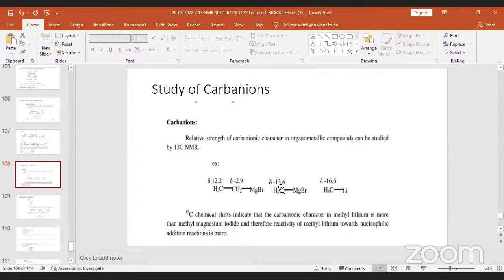Methyl magnesium bromide, minus 13.6. So which one will be more reactive? Naturally, methyl lithium, because its carbanionic character is more, so in organometallic reactions this is more reactive as compared to this, when you compare these two. So the relative strength of carbanionic character in organometallic compounds can be studied by C13 NMR.